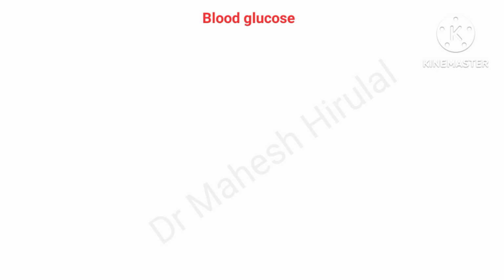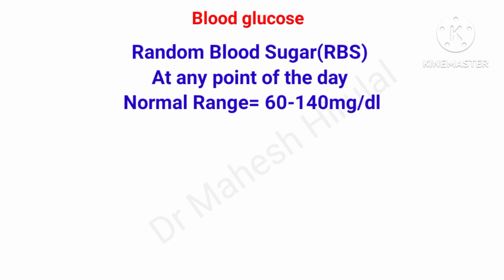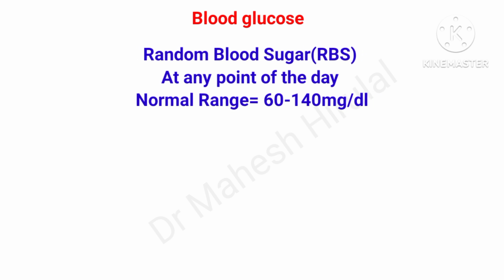Blood glucose estimation is the most important, common, and routinely used investigation to diagnose diabetes. Blood glucose level can be estimated at different time frames of the day. Random blood sugar can be done at any point of the day, and the normal range for RBS is 60 to 140 mg per dl.